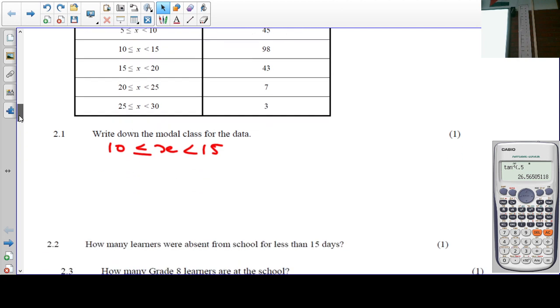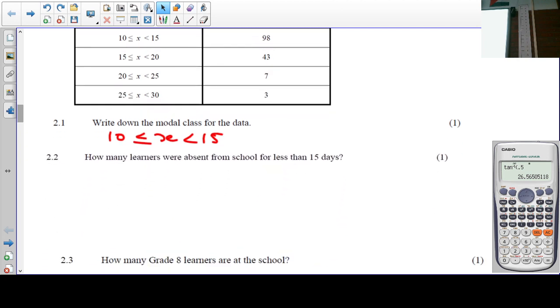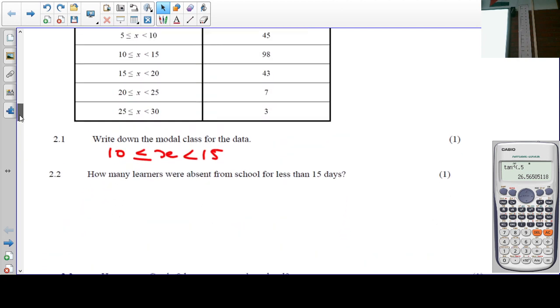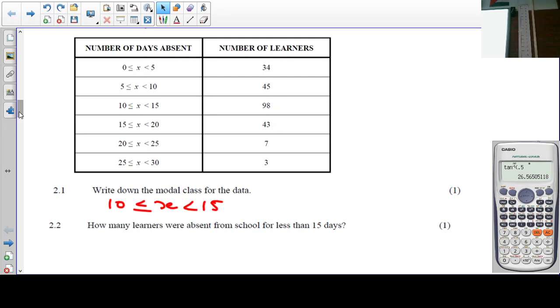In number 2.2, the question says, how many learners were absent from school for less than 15 days? So for less than 15 days, it has to be, at this point, less than 15 days.